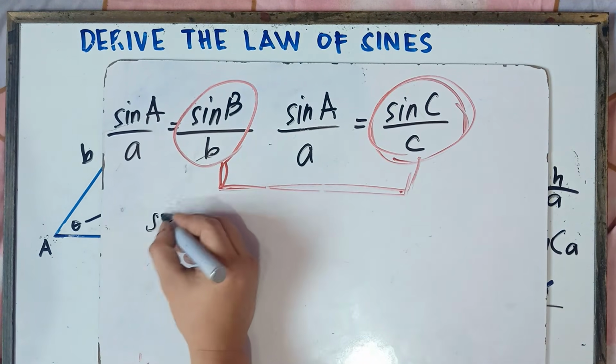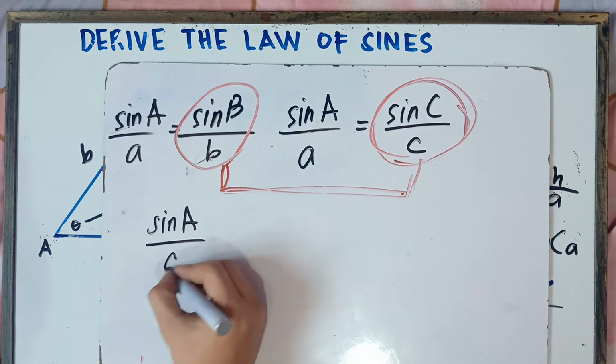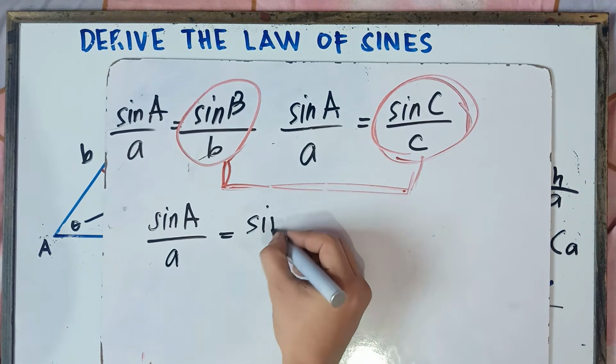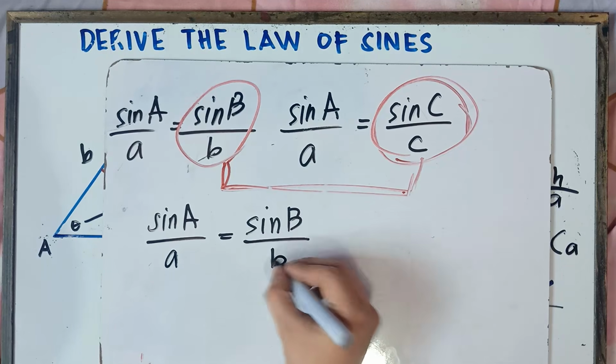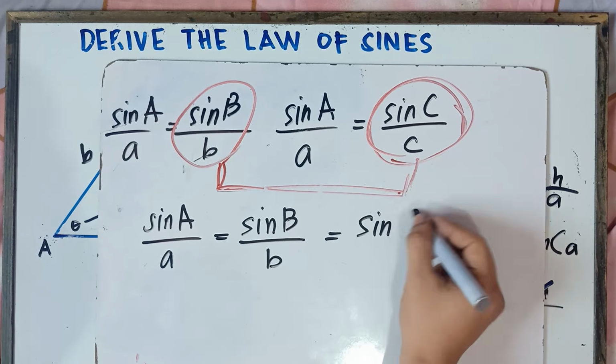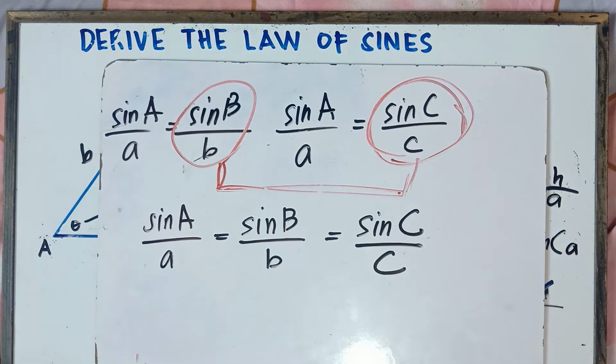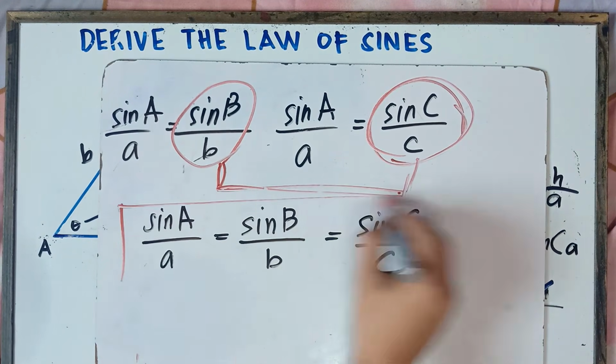Sine A over A equals sine B over B is equal to sine angle C over C. And this will be our final formula, class.